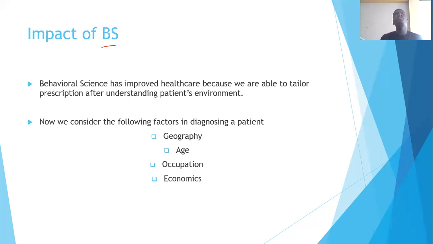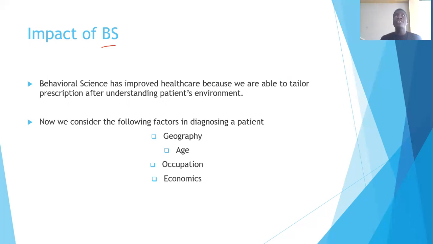Another thing is when you have a rich man and a poor man, quote unquote, who come to your hospital for treatment. You don't just give them the same drug which they all have to purchase at the same price.